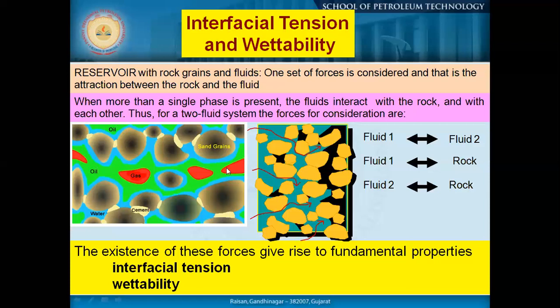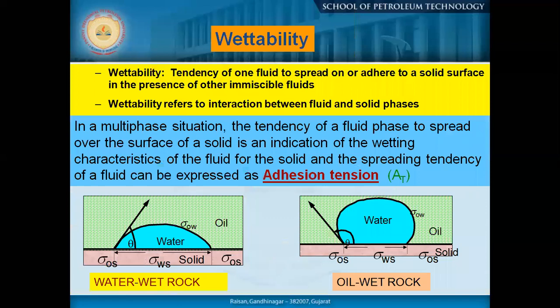So your length will be different, the tortuous path will be different, and accordingly you will analyze the same resistivity value for different water saturation. So that is how wettability plays a very important role, and this is what we have already discussed, the contact angle, how contact angle is measured in our laboratory, and how we get this information.